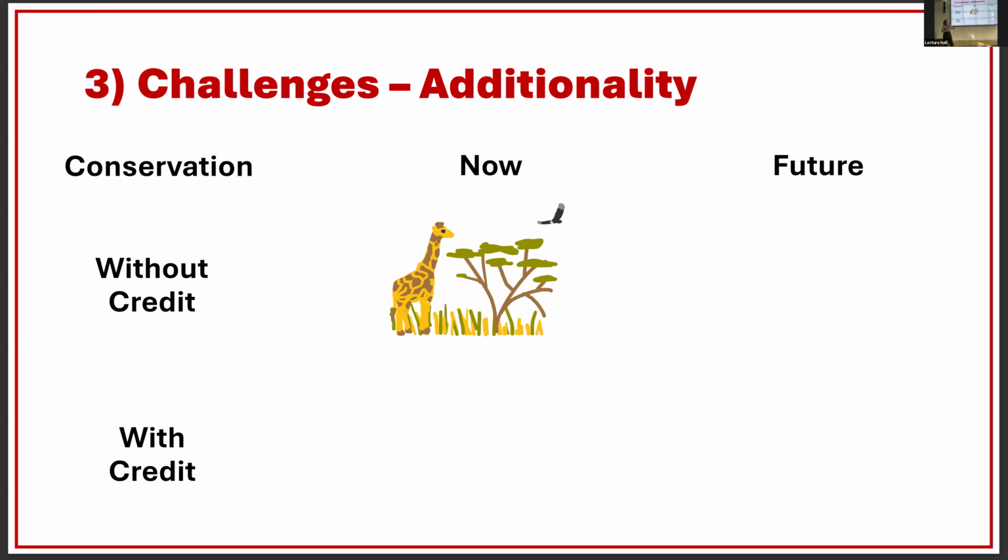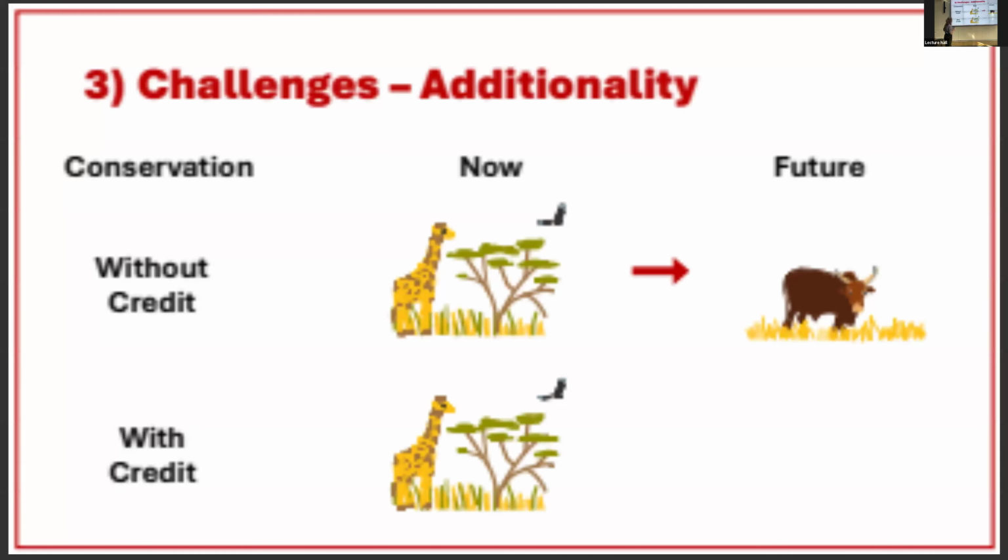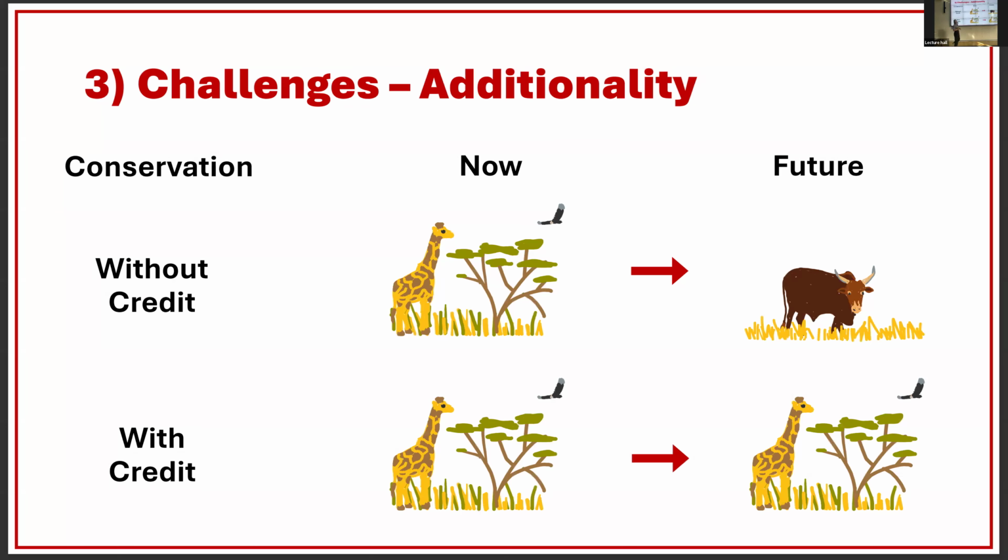So when we think, I think I've gone into too much detail with these figures. I think the concept isn't that hard, so I'll go fast. The idea is basically that, say, for a conservation credit, without it, in the future, we would expect that land has turned into a farm with a really badly drawn cow. But with the credit, we've produced conservation.